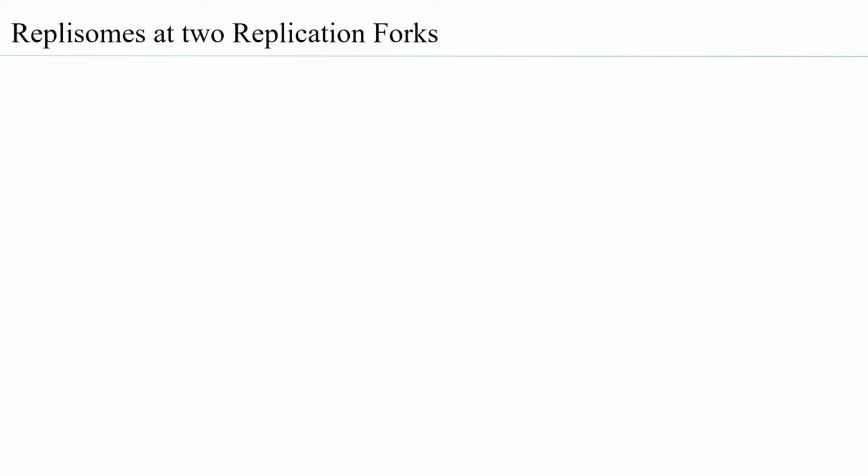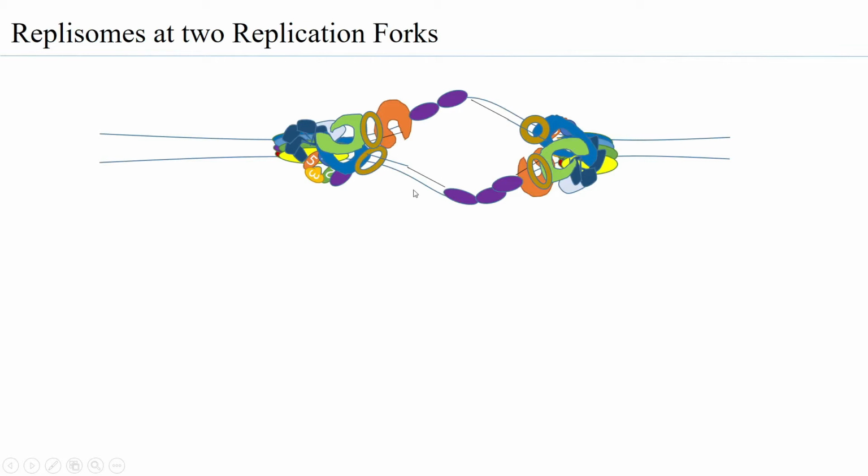Now, let us review the replication forks that are formed once the replication complex is assembled. We all know that the two replisomes at the respective replication forks, when the DNA is unwinding at the replicator region, would have primarily the CMG complex, which means the CDC45, MCM2 to 7 complex, and the GINS, forming what is called the CMG active helicase.